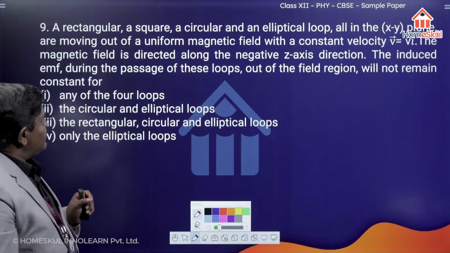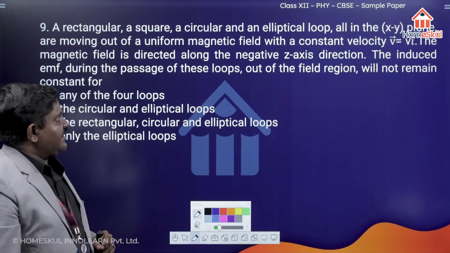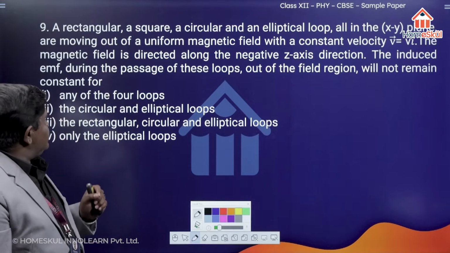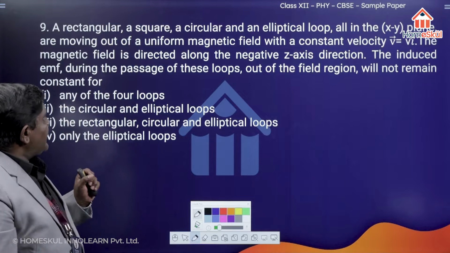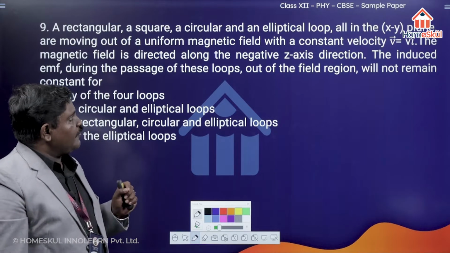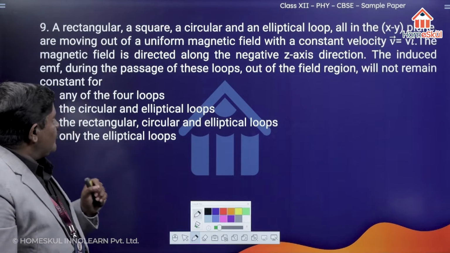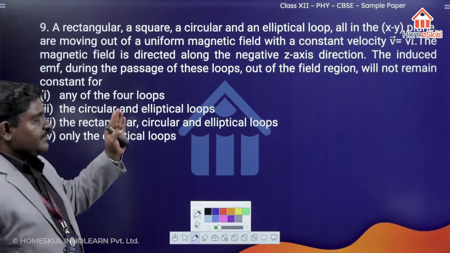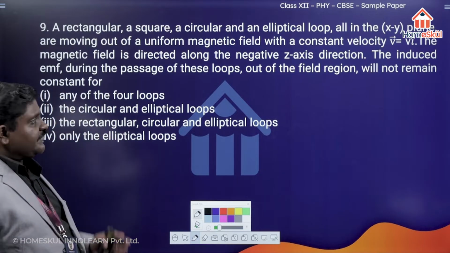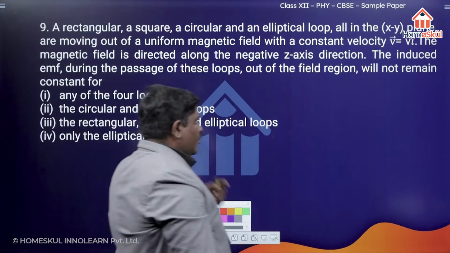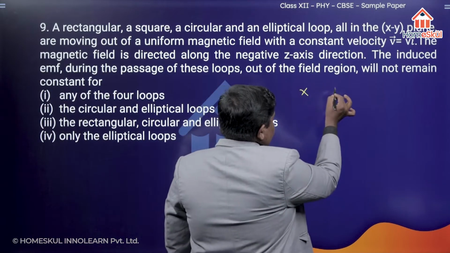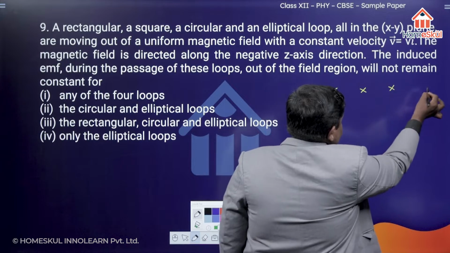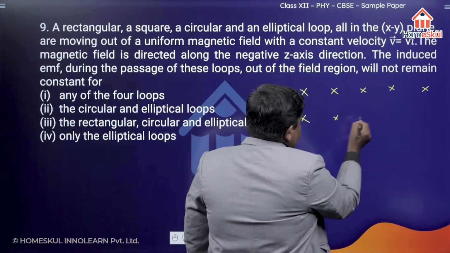The magnetic field is directed along the negative z direction. The induced EMF during the passage of these loops out of the field region will not remain constant for. Out of these 4, which one has an EMF that is not constant? So let us consider the magnetic field which is into the board.